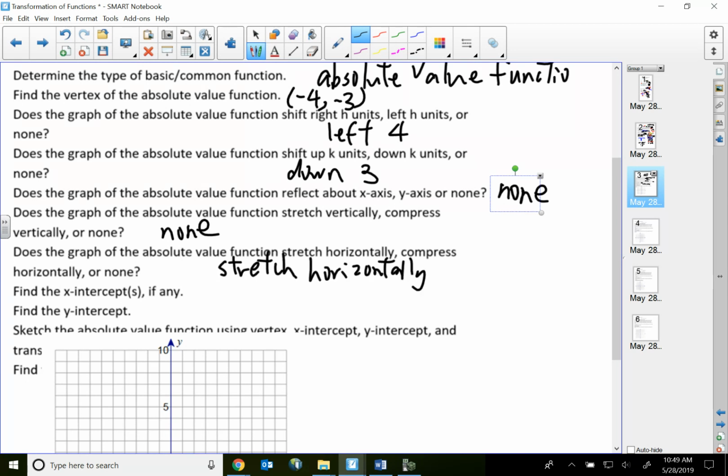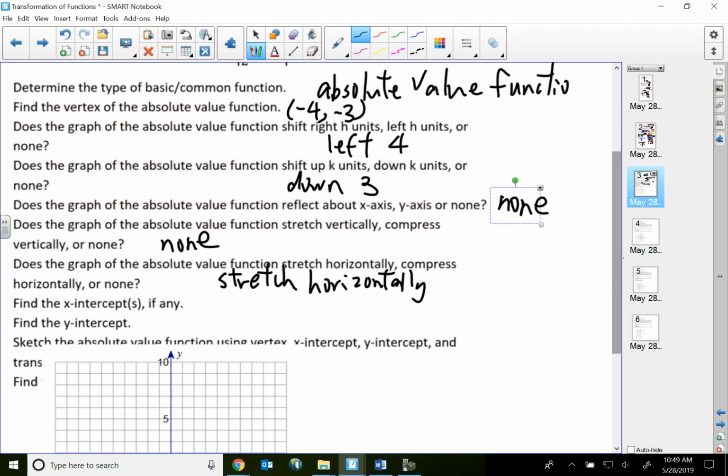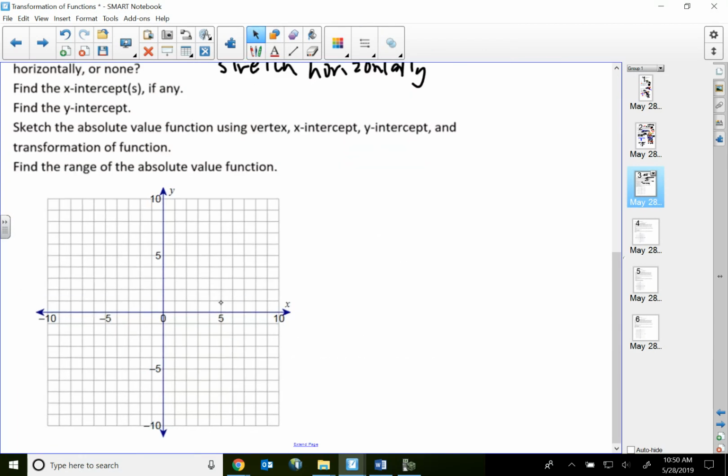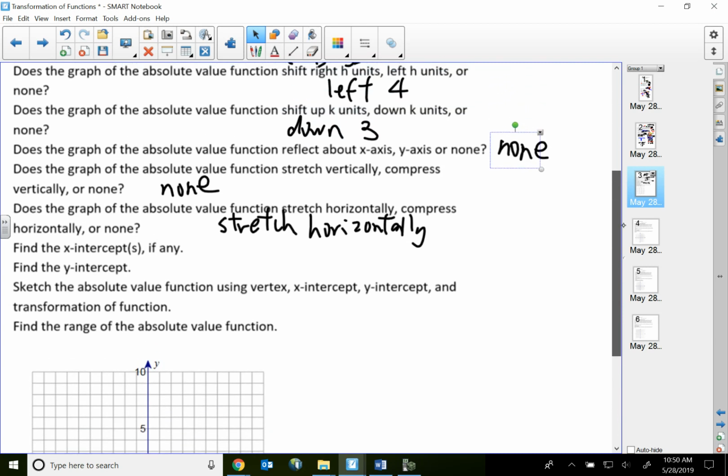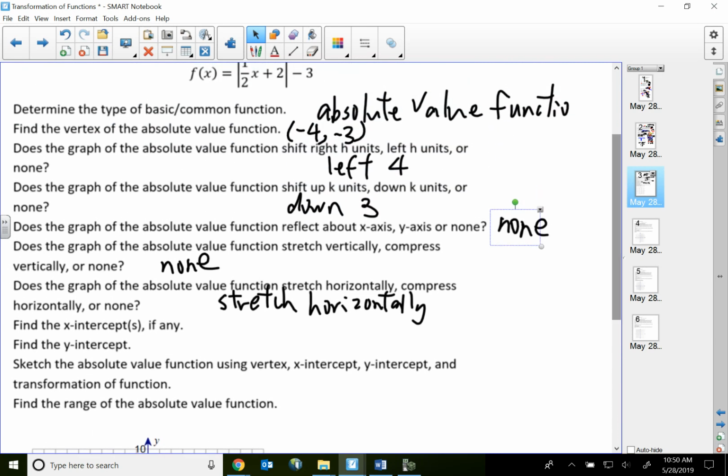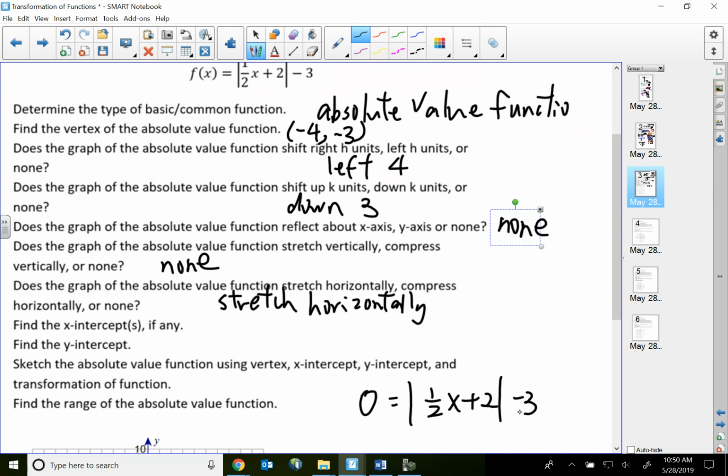All right, find the x-intercept. Let me show you how to find the x-intercept real quick. Let me write down my function again. For the x-intercept, find x when y equals 0: the absolute value of half x plus 2, minus 3.